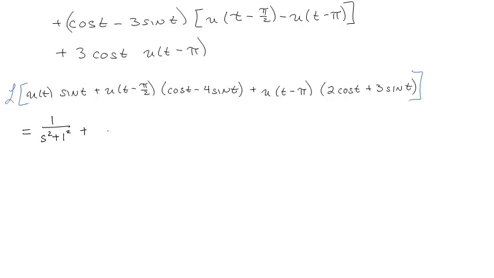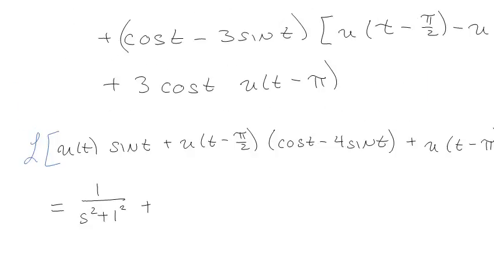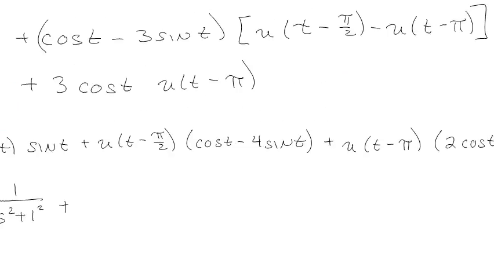All right. Now, I'm going to go ahead and zoom in because I need space to do math. Okay. So in this first guy, for this section here, tau is going to be equal to pi over 2. Our g of t is cosine of t minus 4 sine of t.